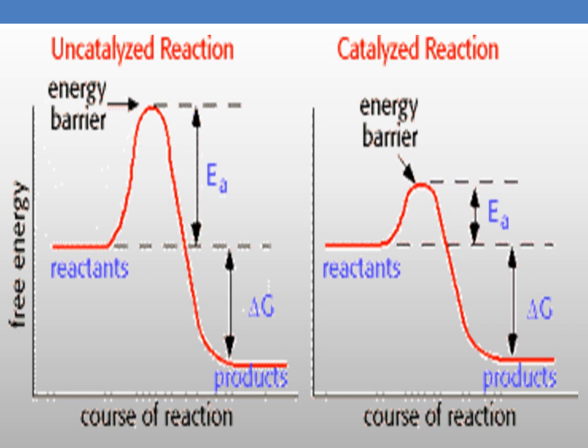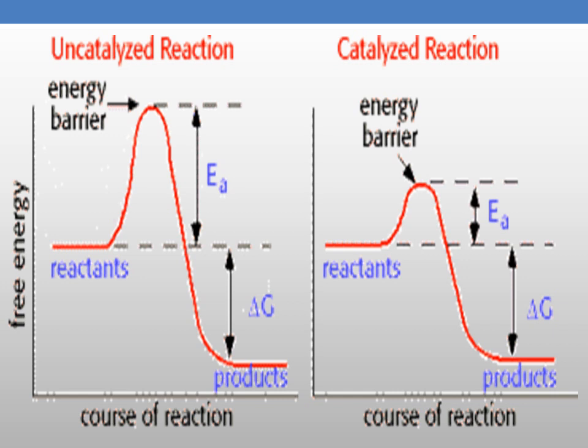See the second graph. In the second graph, the graph is drawn for a catalyzed reaction. Here, look at the energy barrier. The reactants need very minimal energy in order to reach the energy barrier to form the products. So activation energy is more in the case of uncatalyzed reaction, that is, the energy consumed by the reactant is more in the case of an uncatalyzed reaction.